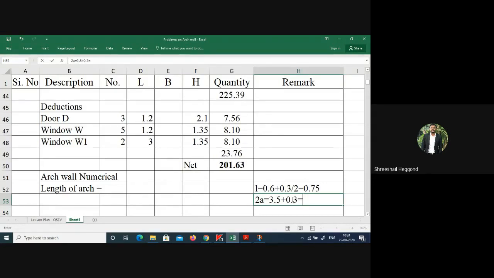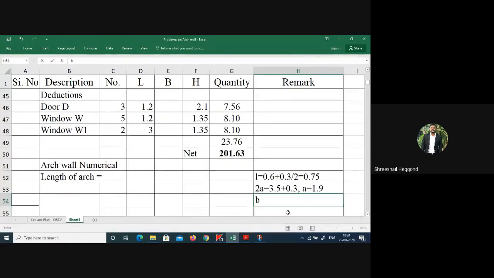Therefore A equals 3.8 divided by 2, that is 3.5 plus 0.3 is 3.8, divided by 2 is 1.9. That is the A value.